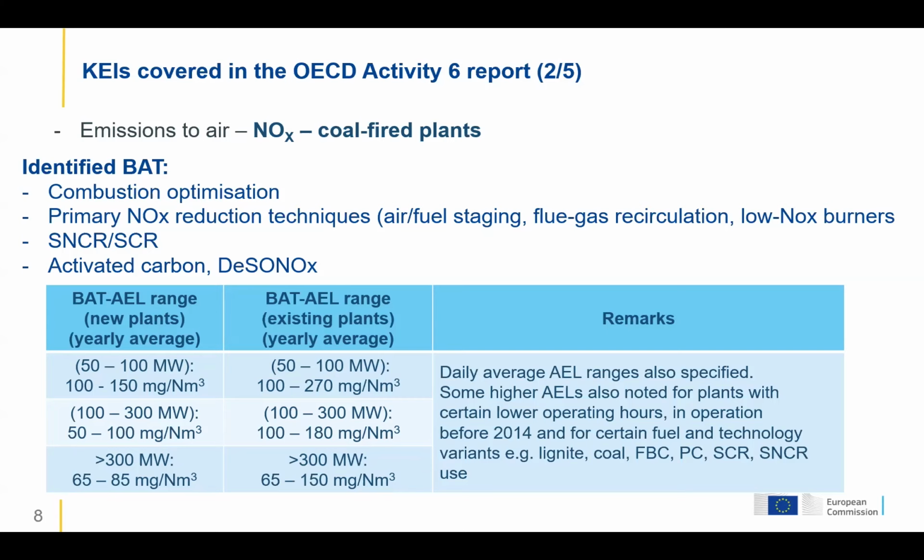Some higher BAT-AELs are also noted for plants with lower operating hours. Again, the same approach, less than 500 hours or less than 1,500 hours operating per year for plants in operation before 2014, and for certain fuel and technology variants, for example, for lignite, coal, fluidized bed, and so on.